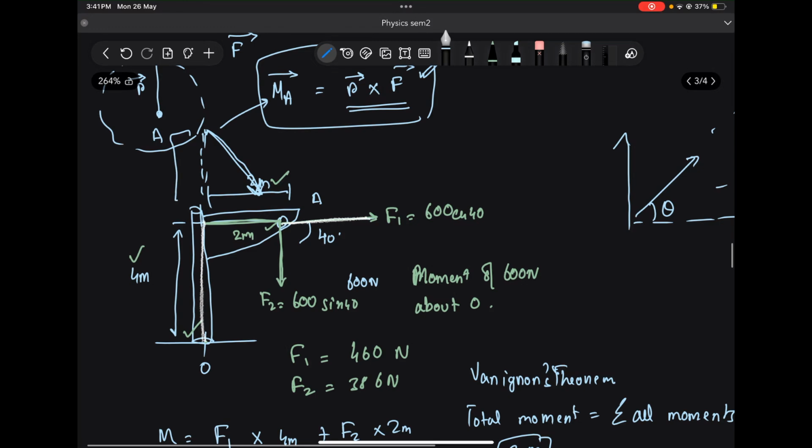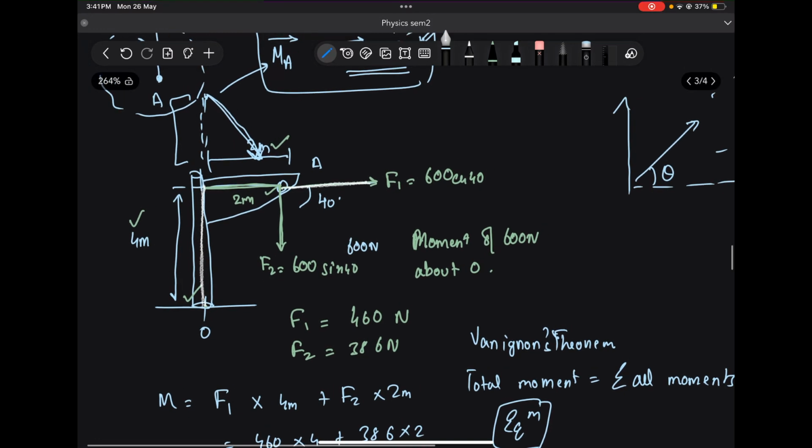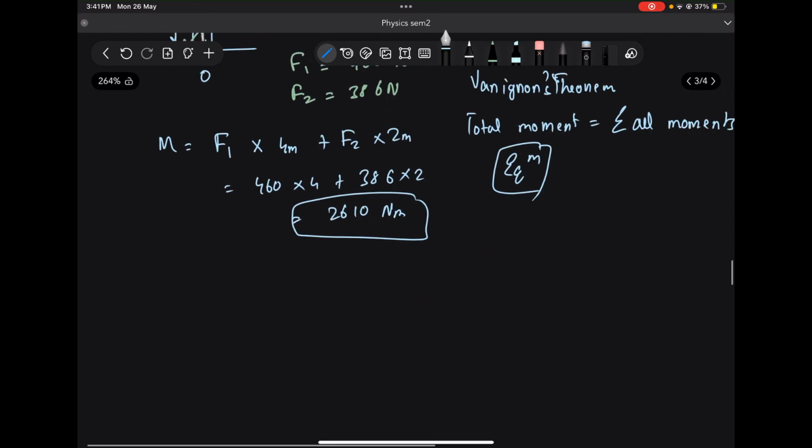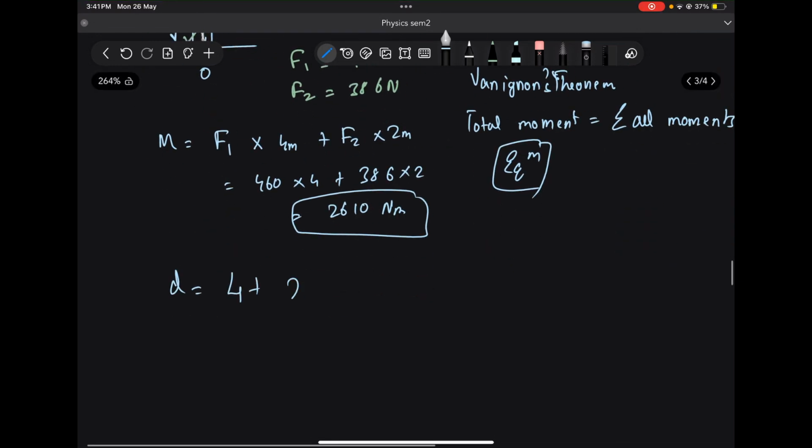and then calculate the moment if you can calculate this distance. And of course, we can calculate this distance by saying that this net distance, if I consider it to be d, then d is equal to our original 4 plus 2 tan 40. This will give you 5.68 meters.